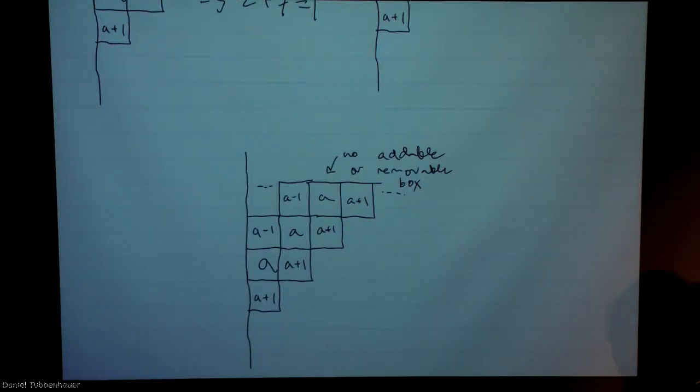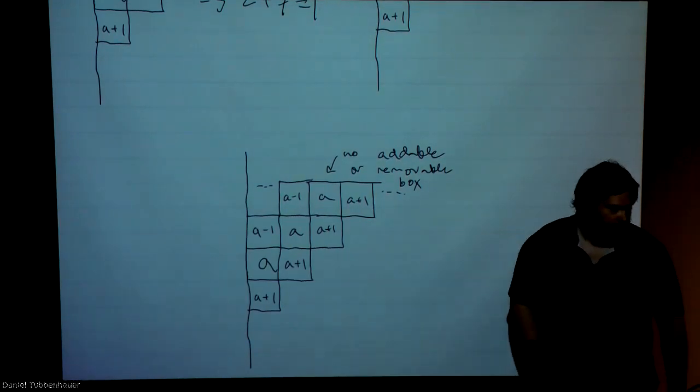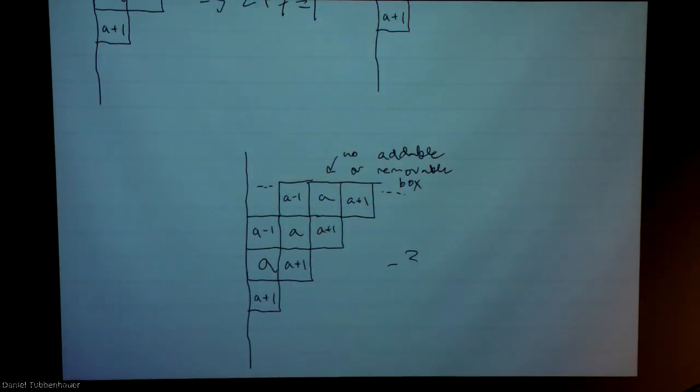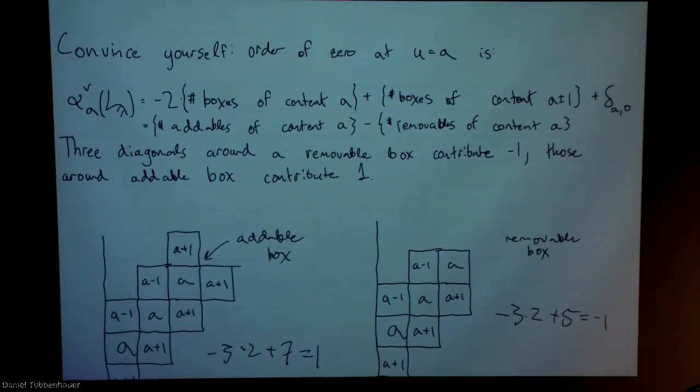And if I'm not addable or removable, I get 0. Here I get minus 3 times 2 plus 6, 0. And of course, there's a special exception if A happens to be 0, because then it may be sitting at the very corner, and things will be off by 1, which is why I have to put in this delta function.